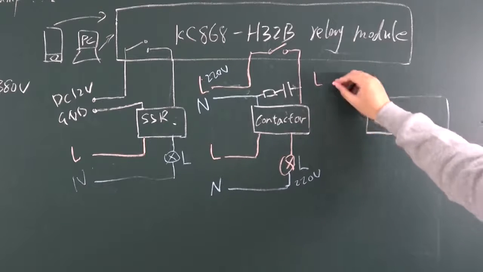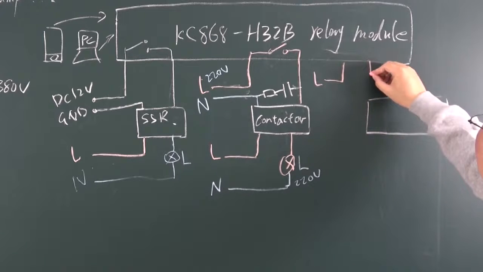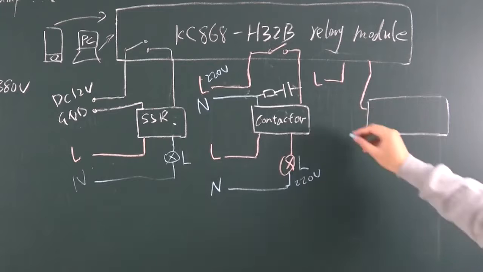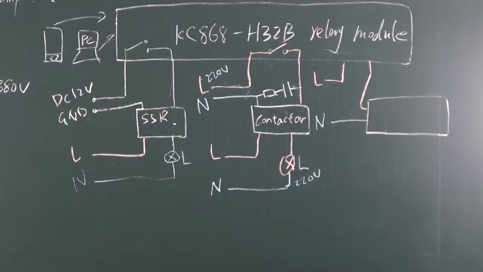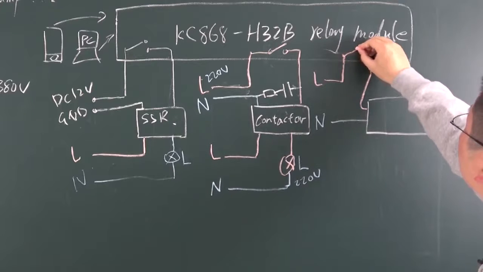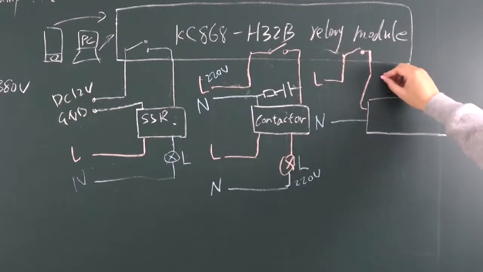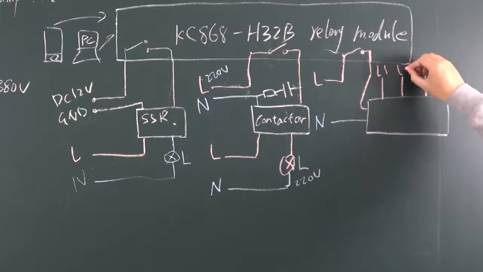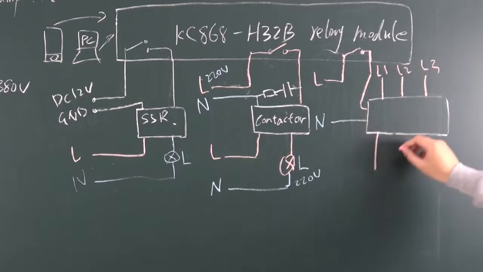Also we will use the L, and the output goes to this, and this is neutral for this. And this will be L1, L2, L3, because it's 3 phase. So this will output L1, L2, and L3.